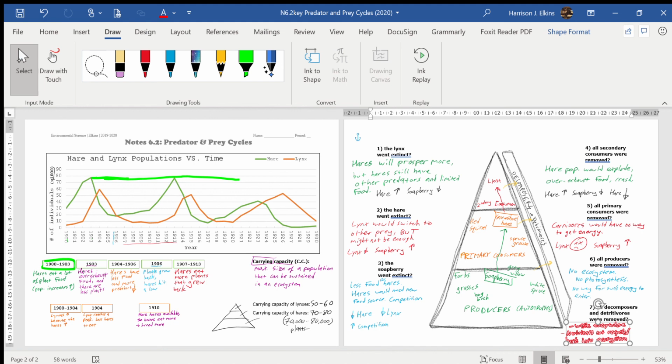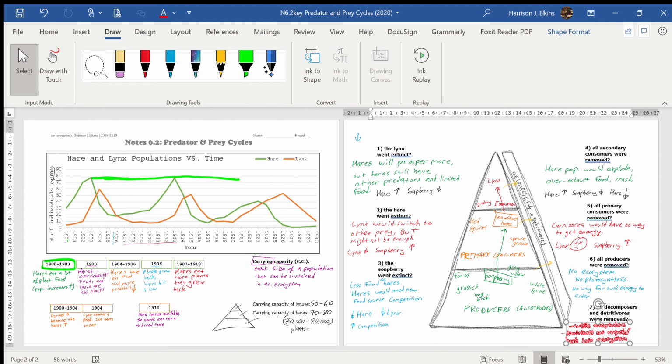And the soapberries and the producers are always necessary to get energy into the ecosystem to begin with. And we also see that the snowshoe hares are necessary for the lynxes to survive. So these are necessary for energy, these are necessary for the carnivores to survive, and these are necessary for the snowshoe hares to not crash.